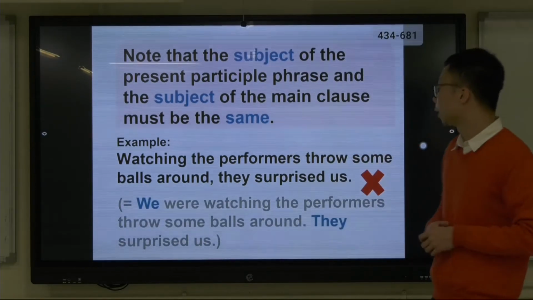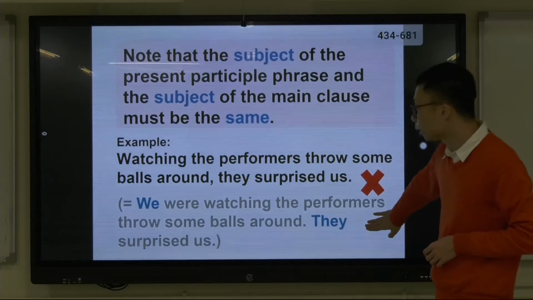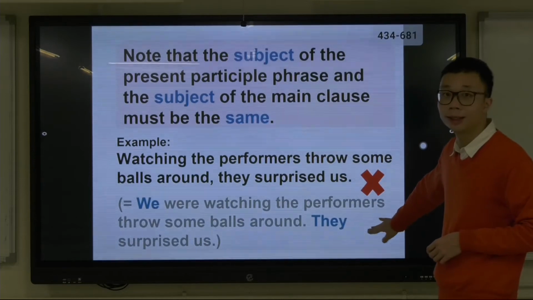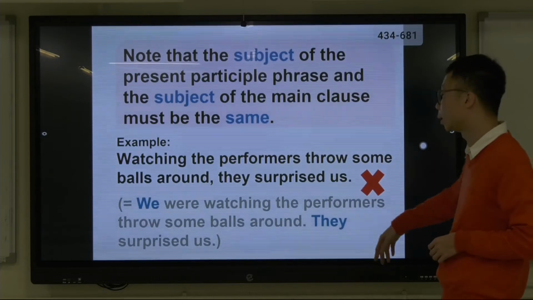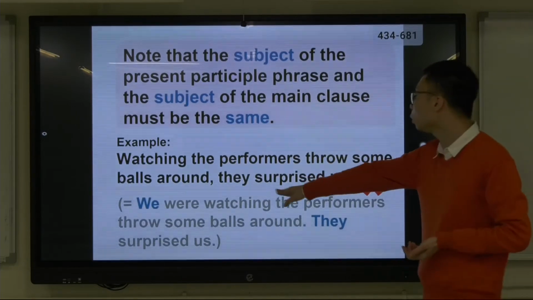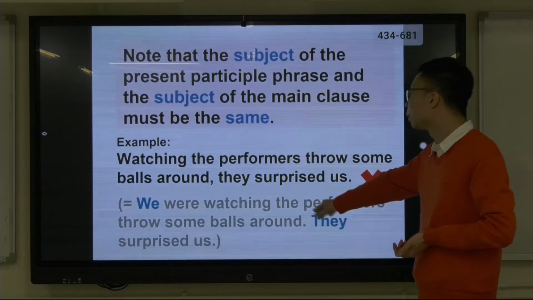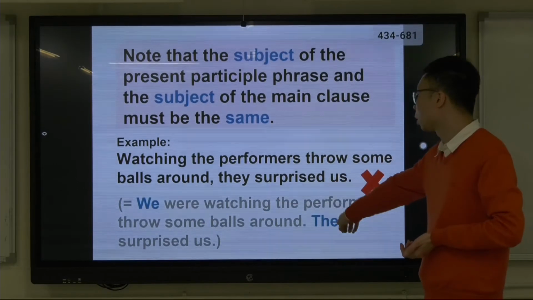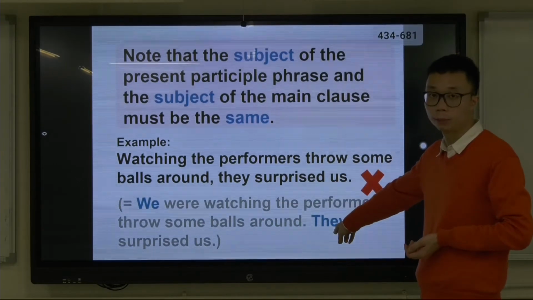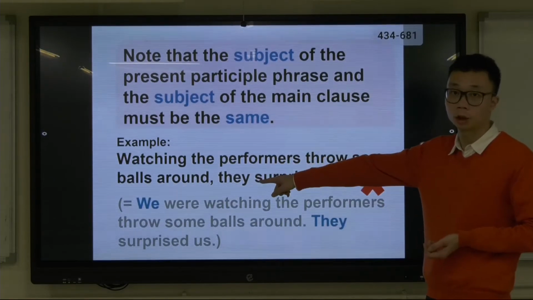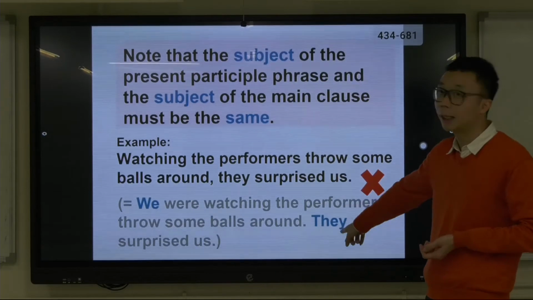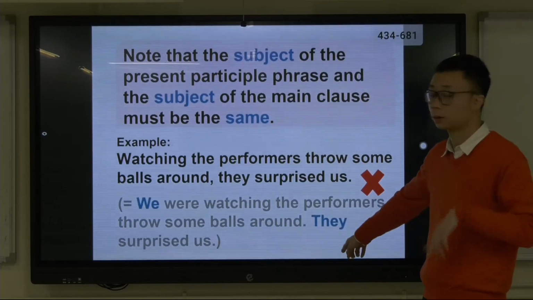Here, just look at this sentence. This is how to break it down into two sentences, how you would say it in speaking mode. We were watching the performers throw some balls. They surprised us. It's very simple to pick up: highlighted in blue, we is the subject of the first sentence, while they is the subject of the second sentence.